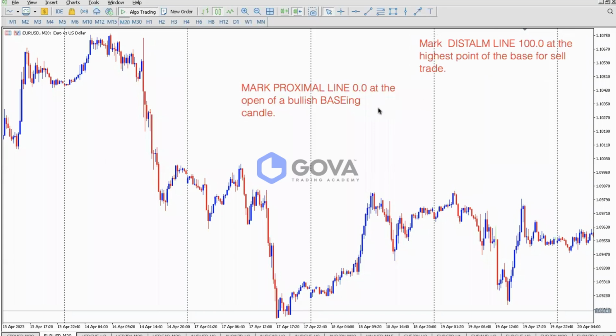Okay, for a sell trade. Remember, this example is for a sell trade, okay?